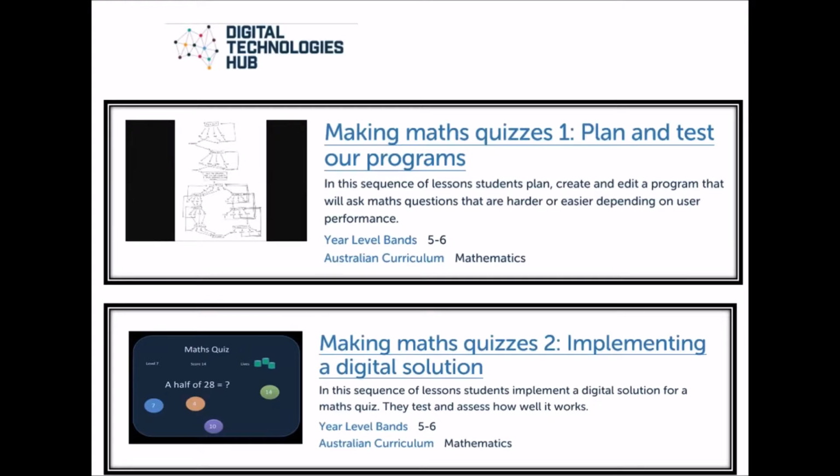Some examples of solutions are instructions for robots, adventure games, products featuring interactive multimedia, including digital stories, animations and websites. And here's another example of resources on the DigiTech Hub at that 5-6 band, and you'll find them all there by searching in the teacher section and looking at year levels.